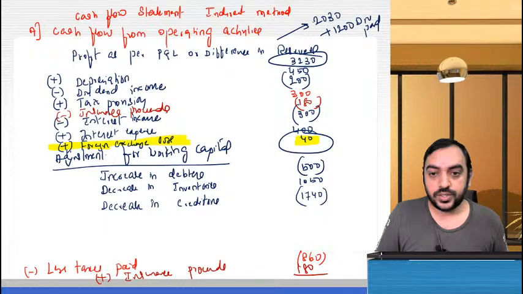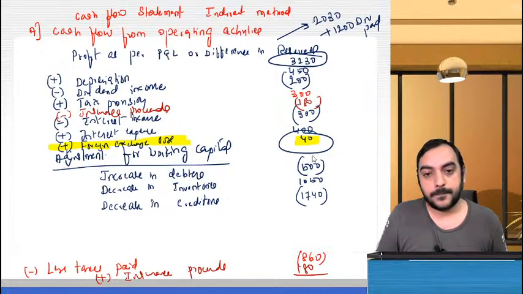Operating activity, how much do you get? You get 1870.